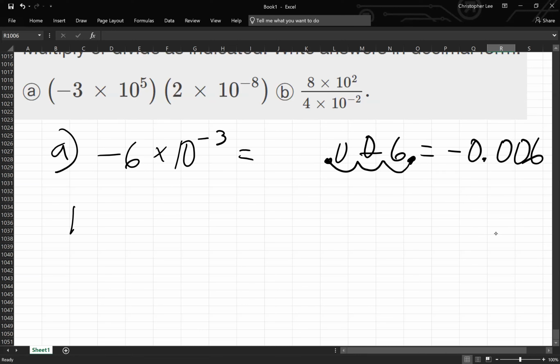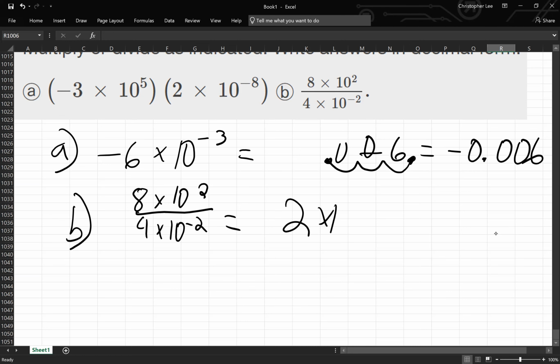How about B? 8 times 10 squared over 4 times 10 to negative 2. What do I have? 8 divided by 4 is 2, times 10 to the, what is it?